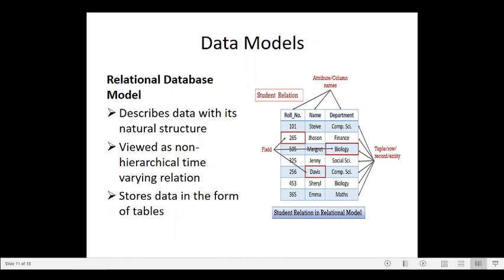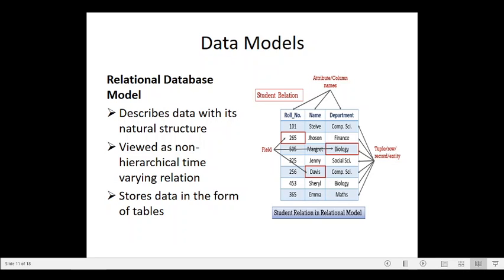Now let's understand relational database model. This relational database model represents the database as a collection of relations. It's nothing but a table of values. It has rows and columns which represent a collection of related data values.